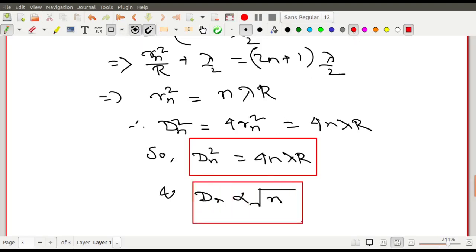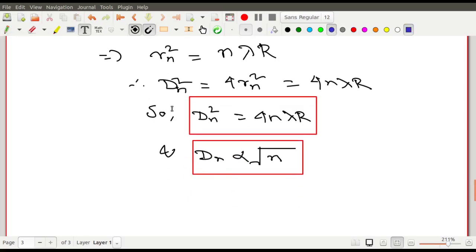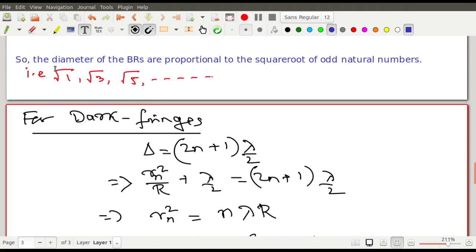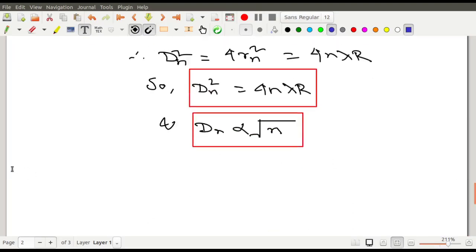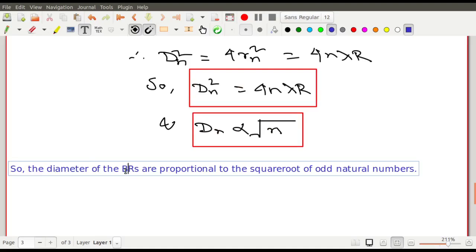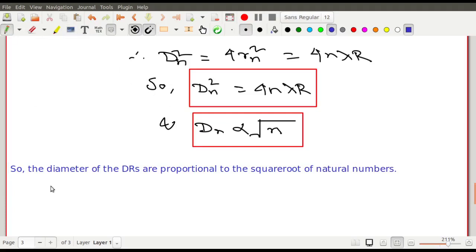Another interesting result that we come to know here. This shows that the diameter of the dark rings is proportional to the square root of natural numbers, not odd, but all natural numbers: root over 1, root over 2, root over 3, and so on.